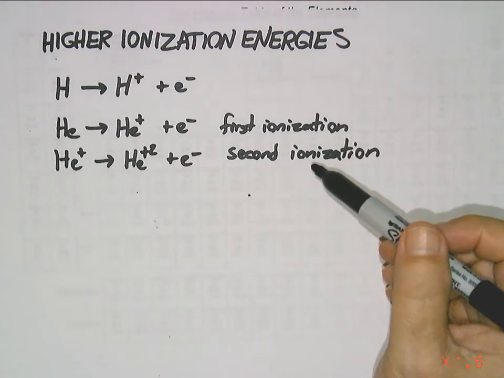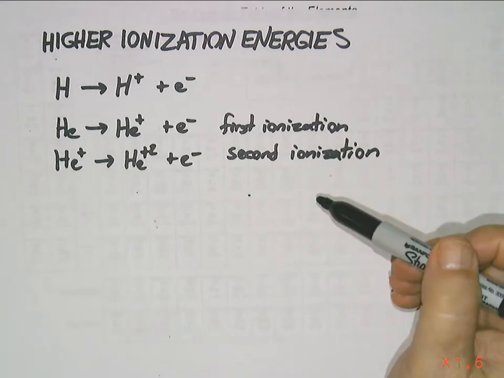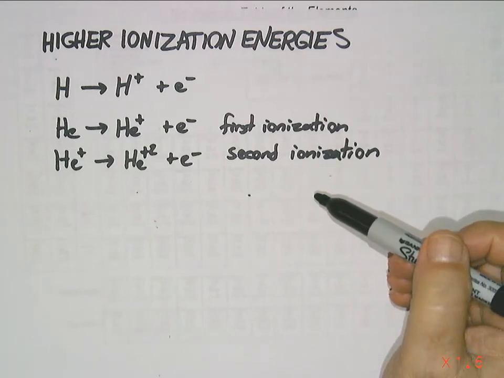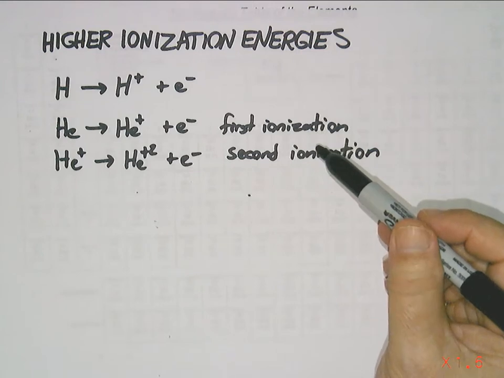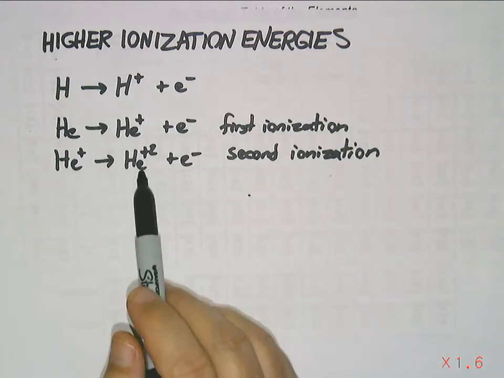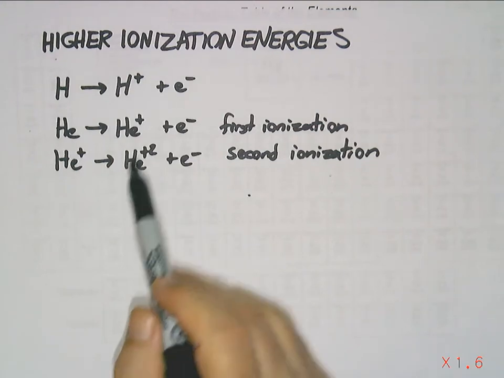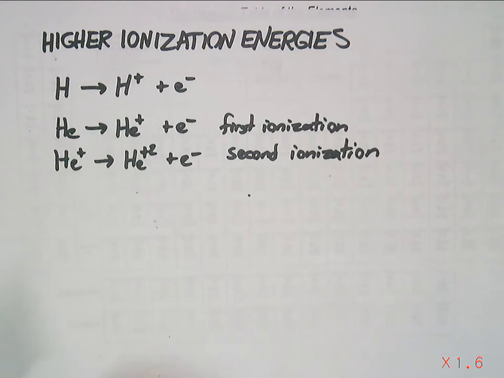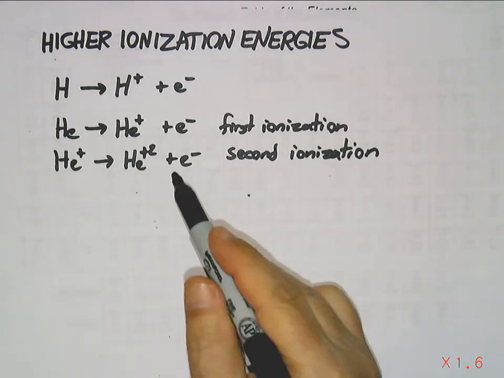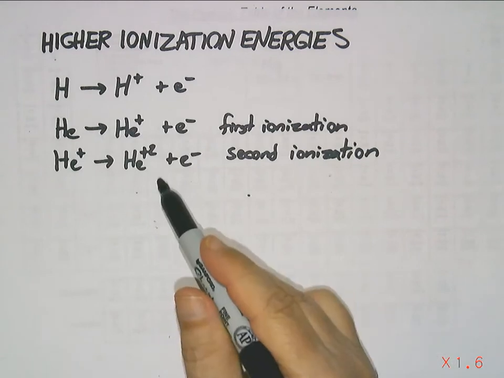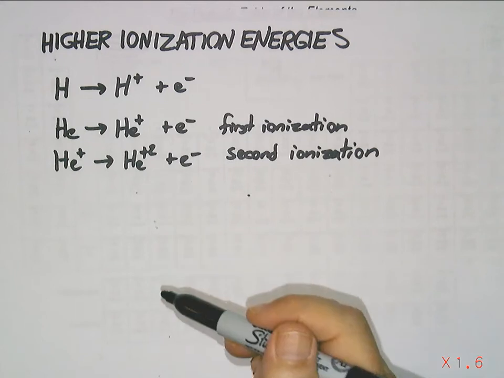The harder it is to pull the electron off, the bigger the ionization energy is going to be. So is the first ionization energy going to be bigger or the second one? Well, if you think about it, you're pulling an electron away from a +2 charge here, and here you're pulling an electron away from a +1 charge. The second one is going to be higher. It's harder to pull an electron away from something with a higher positive charge on it.